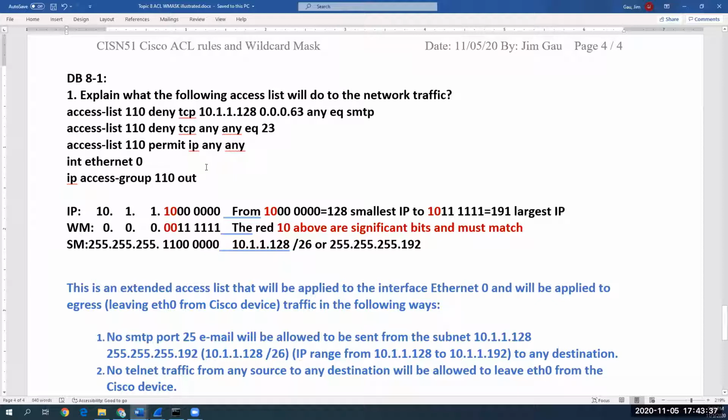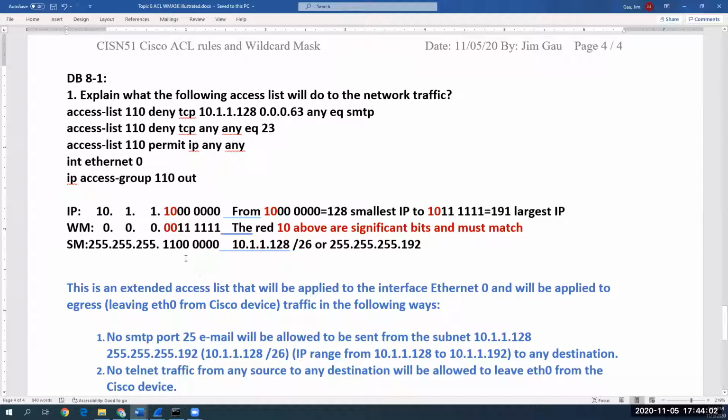And how do we be more specific about the IP addresses on the first one? Now, use the one that we just learned. IP address 10.1.1, right? And 128, we say that. And 128 is the 1, and the 7 zeros. That's 128. That's fine. And then we line up with the 0.0.0.63.